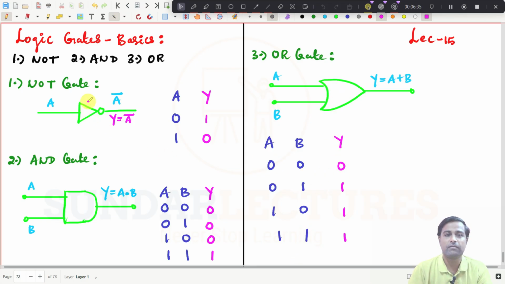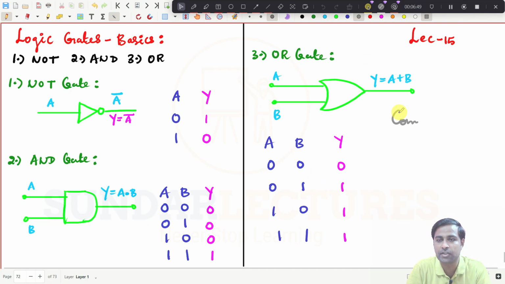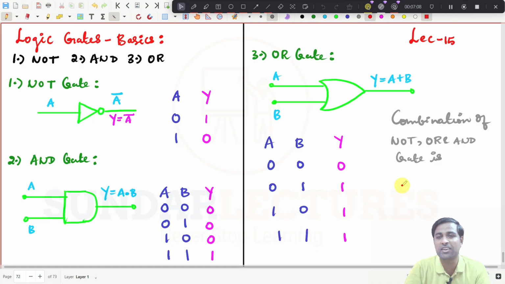So now you can perform all the Boolean expression outputs with these three gates. An important thing I am saying: the combination of NOT, OR and AND gates is a universal combination.